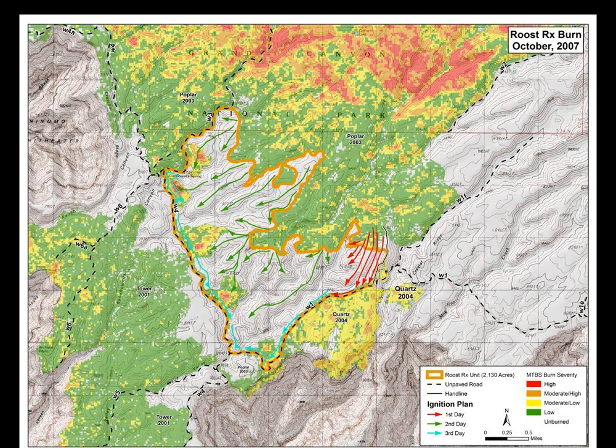So we used the burn severity data and felt comfortable that yes, that would in fact not allow fire to move through it. Essentially all we did was put line down on the far east side of the fire, and then we burned off the ridge tops here, and a couple days later we burned these other ridge tops.